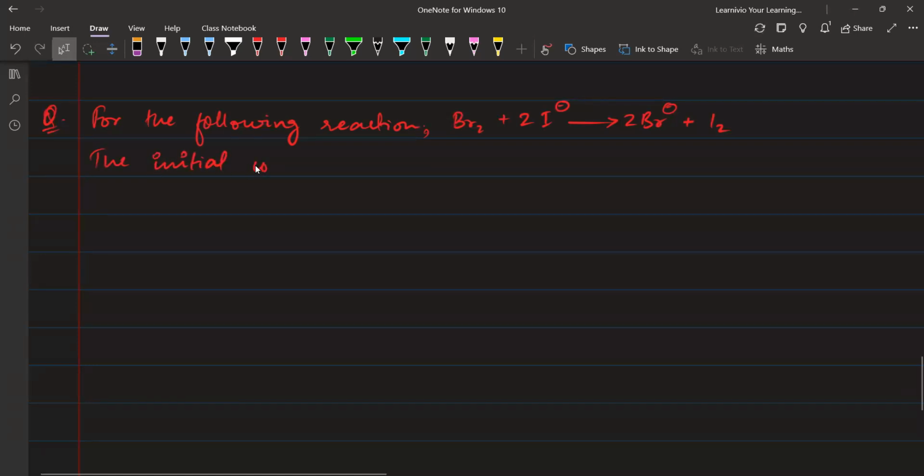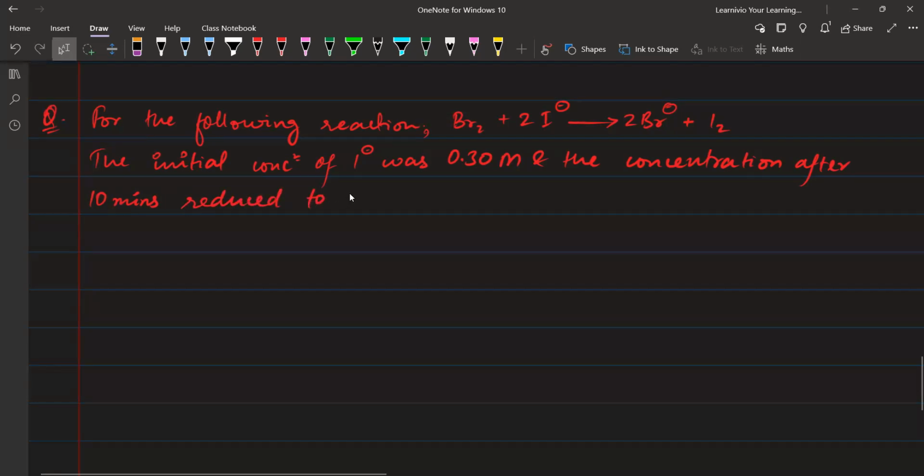The initial concentration of I negative was some molar, and the concentration is reduced to 0.28 molar.